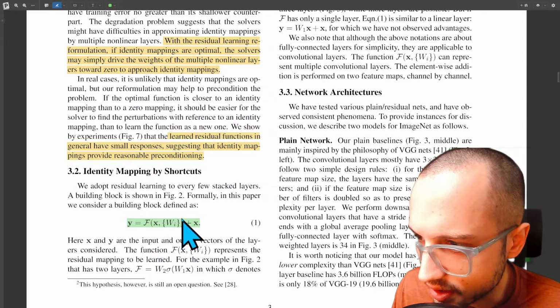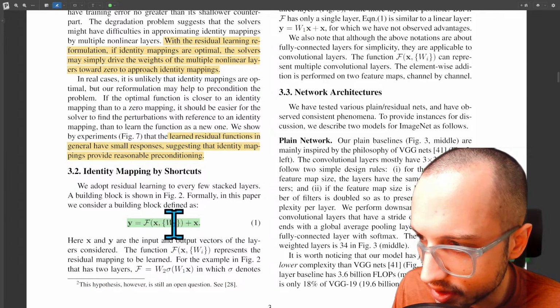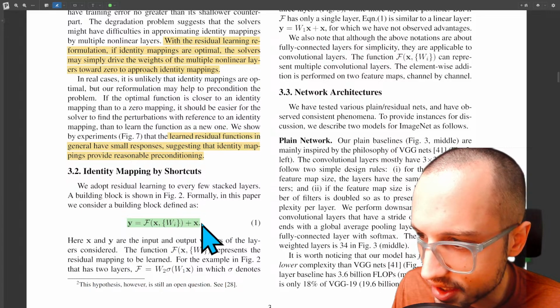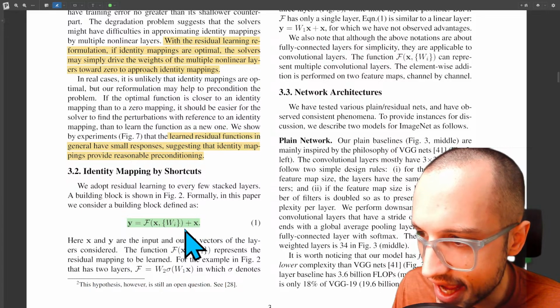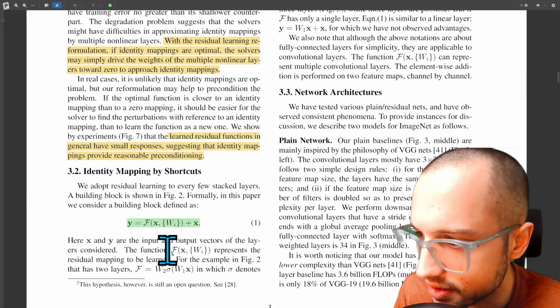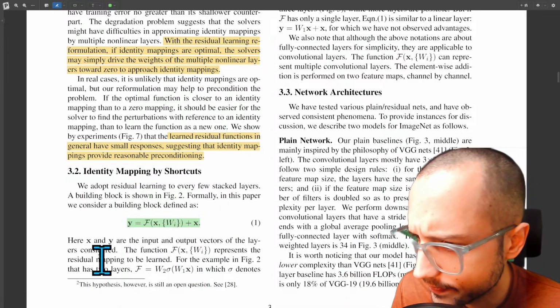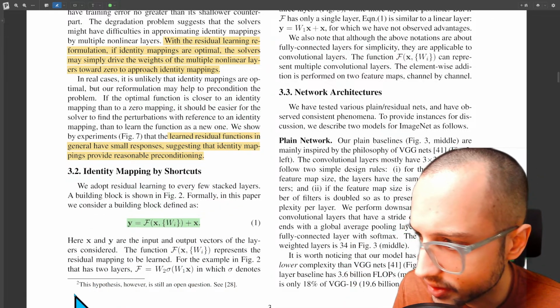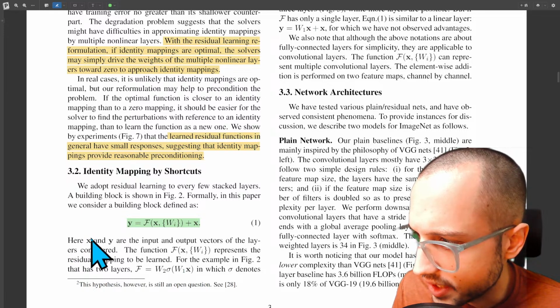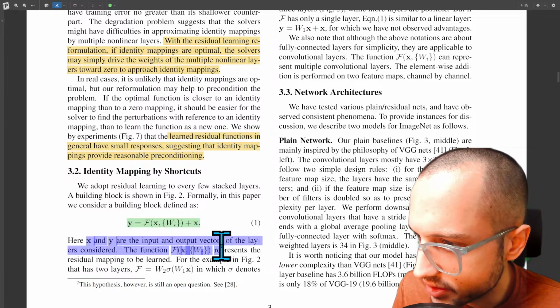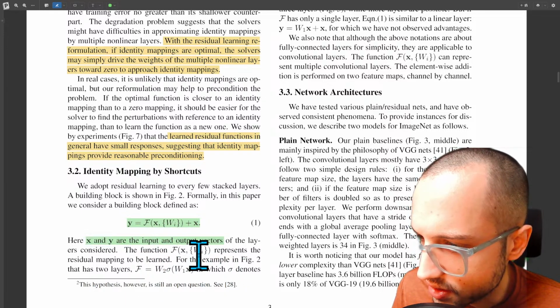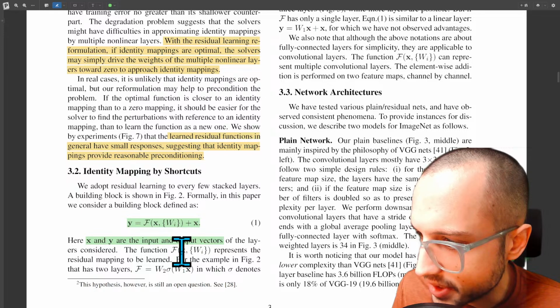So this is just a linear layer that's multiplying these weights by this input. And then the plus x here is the residual connection where you're just adding the x at the end, so it's going around this weight matrix. And that's the output. So x and y are the input and output vectors. F of x represents the residual mapping to be learned.